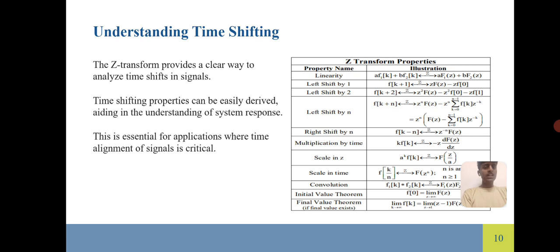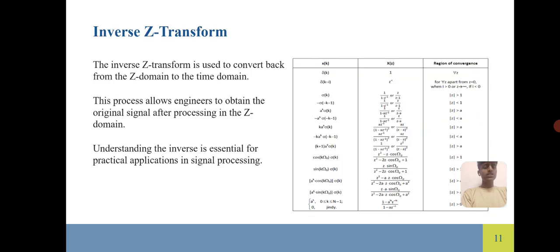This is essential for applications where time delay is applied to signals. The inverse Z transform is used to convert back from the Z domain to the time domain. This process allows engineers to obtain the original signals after processing in the Z domain. Understanding the inverse is essential for practical applications in signal processing. These are the main important things and formulas we have to learn in this section.